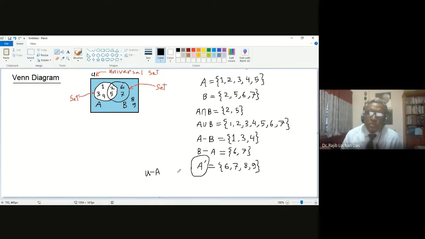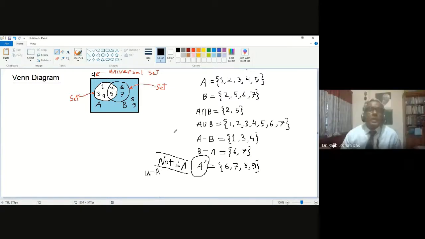There is no condition. The condition is it should not be inside A. So not in A. You will find all the numbers not in A, so 6, 7, 8, 9, everything will come.